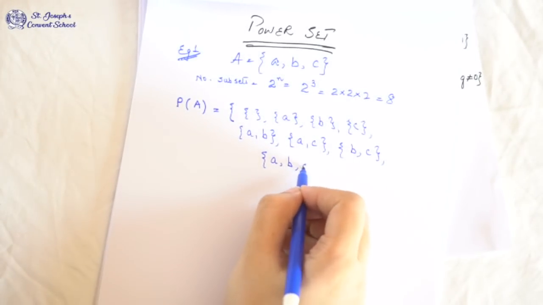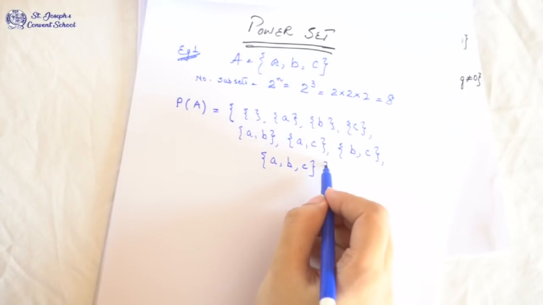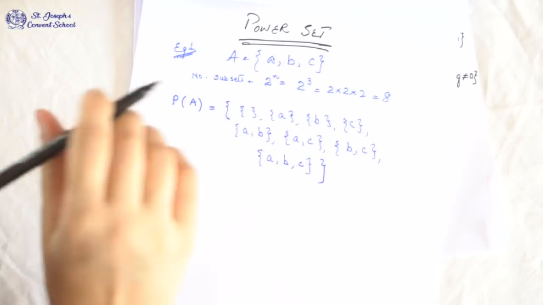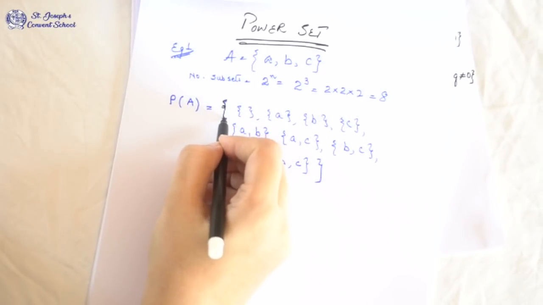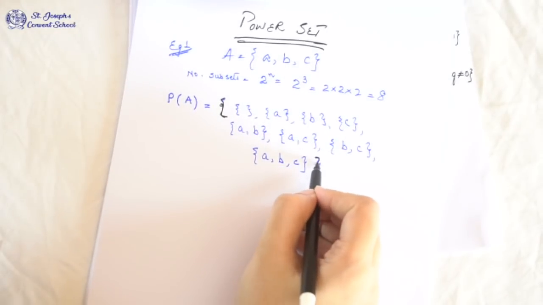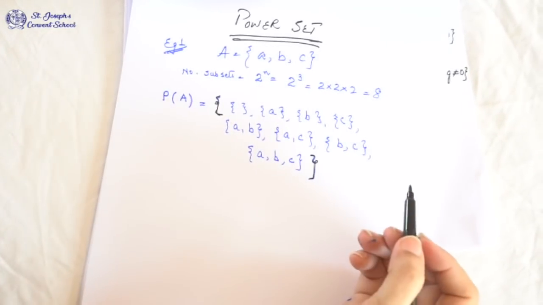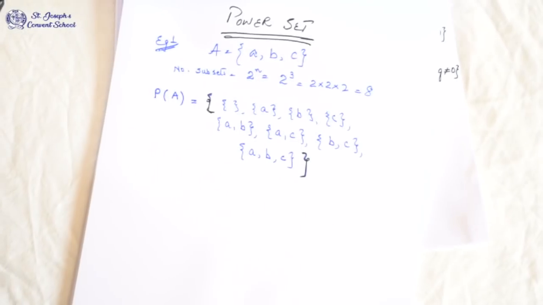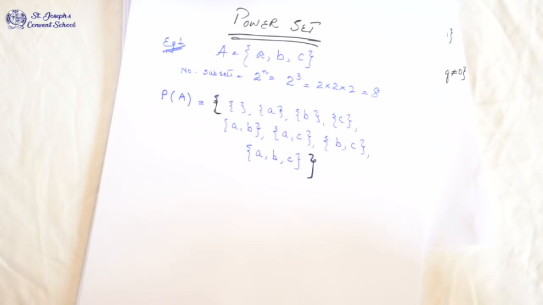After writing this, you will again make a curly bracket. So the difference between a power set and a subset is this curly bracket in the beginning and in the end. I hope you have understood all these topics.